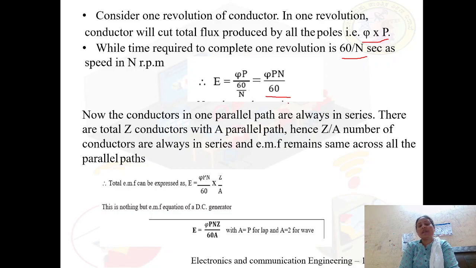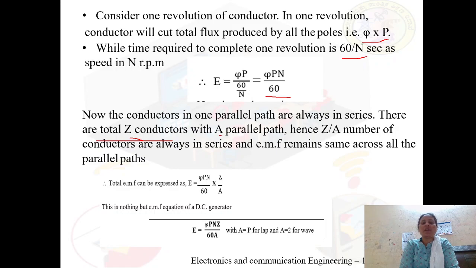Now there are a number of conductors which are distributed in parallel paths. If we consider the total number of conductors as Z, they will be distributed among all the parallel paths.